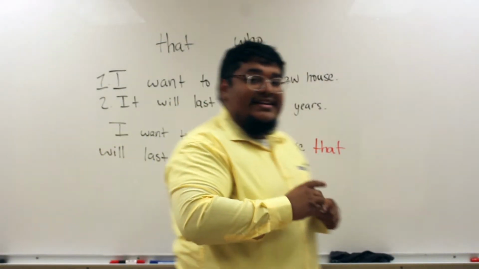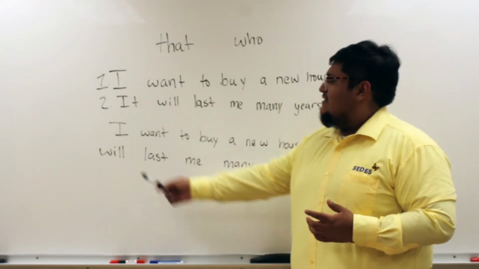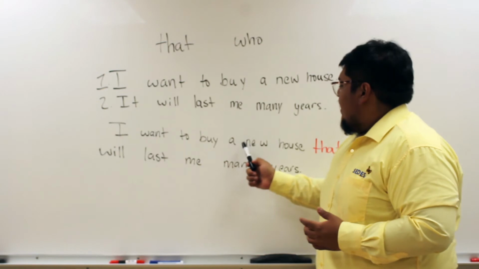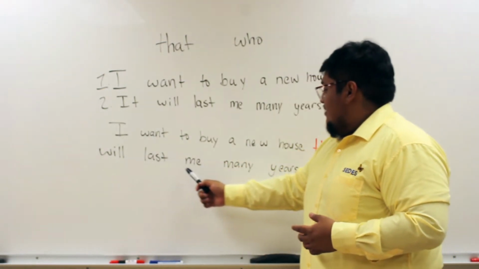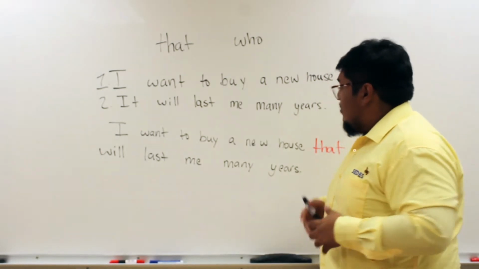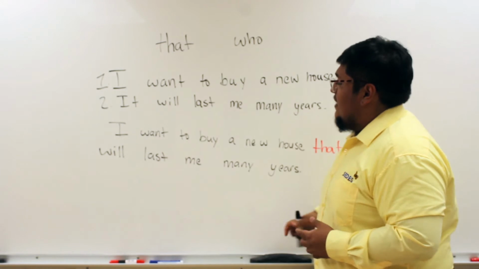Perfect. So in this sentence now, that it's made out of these two sentences, it says, I want to buy a new house, okay, that will last me many years. Perfect. So we combine these two sentences with the word that.